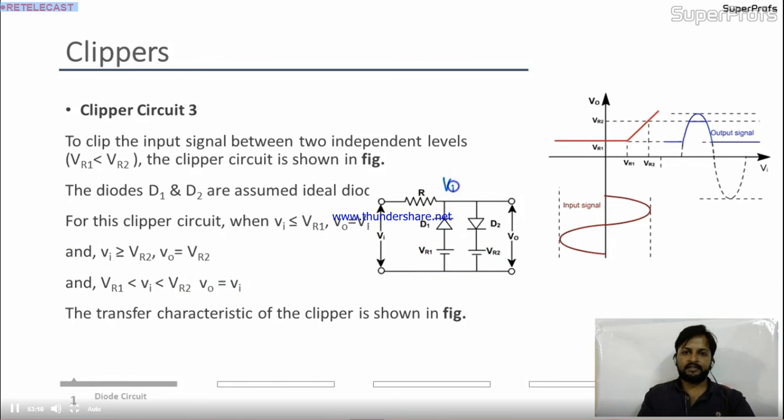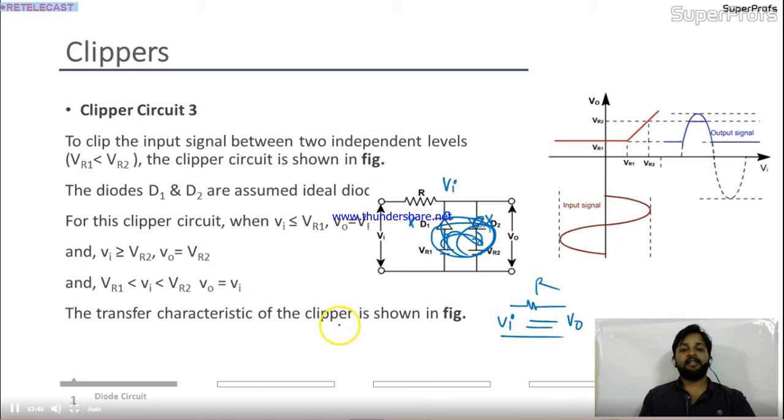The condition is if VI is greater than VR1, so this one will not conduct, and less than VR2, then this will also not conduct. If both are not conducting, they are useless in the circuit. They are open circuits. If you remove these two, you will be left with R1, and this is Vi. Output follows input.